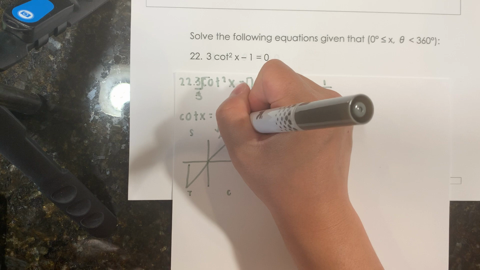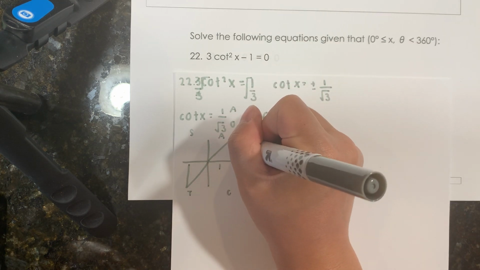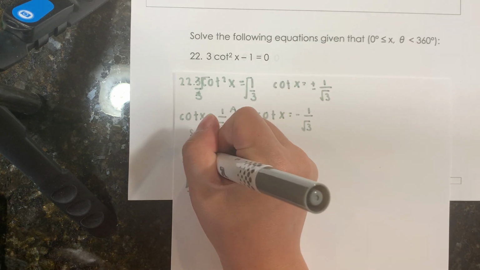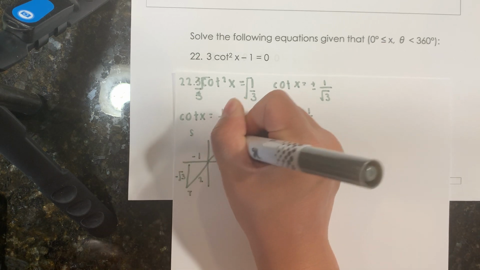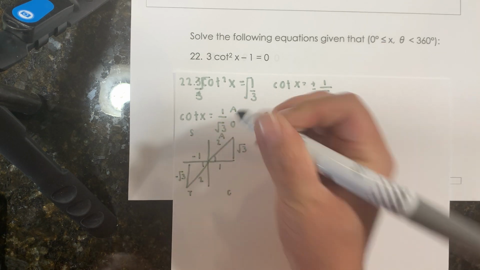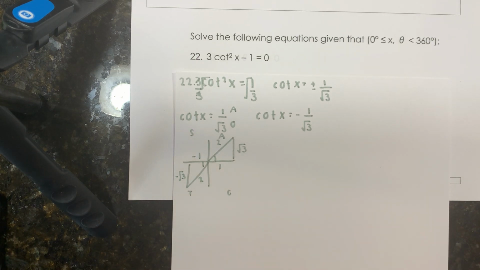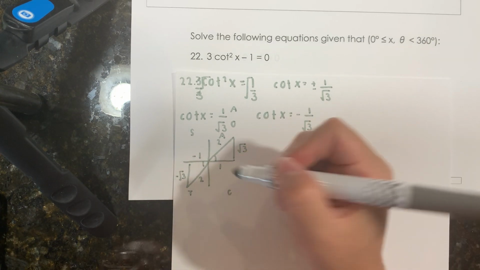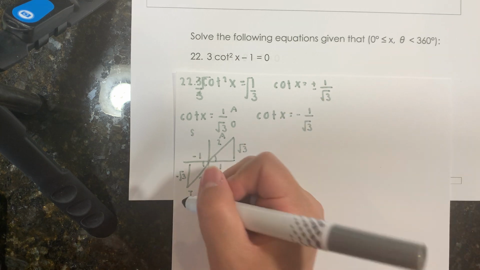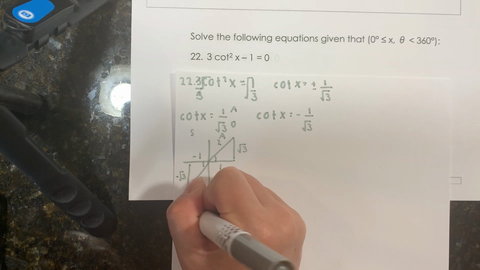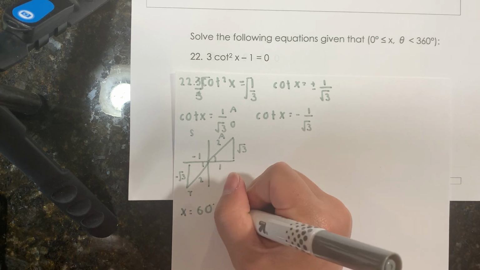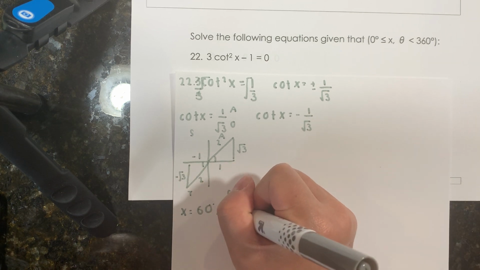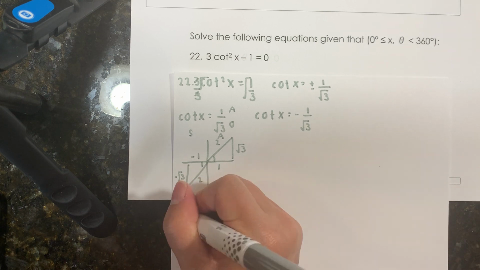This is going to be adjacent over opposite, so 1 over √3, then negative 1 over negative √3, meaning the hypotenuse is 2. I know what angle that's going to be, so my first answer is going to be 60 degrees. My second answer is going to be 60 plus 180, so that would be 240 degrees.